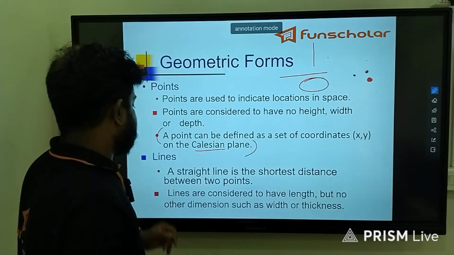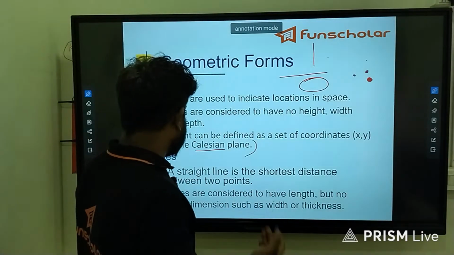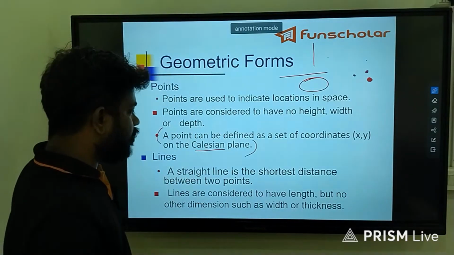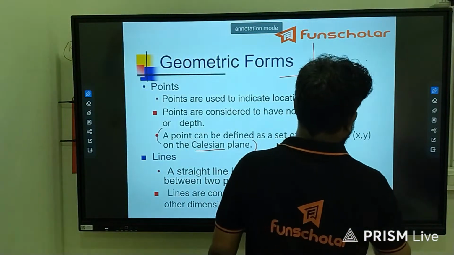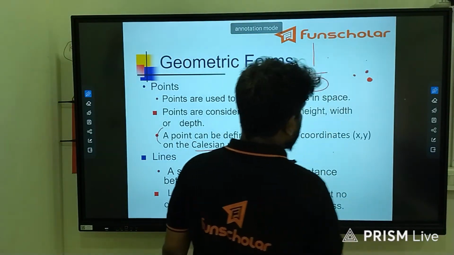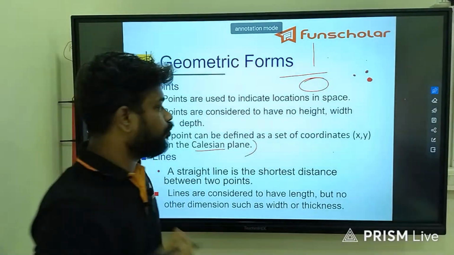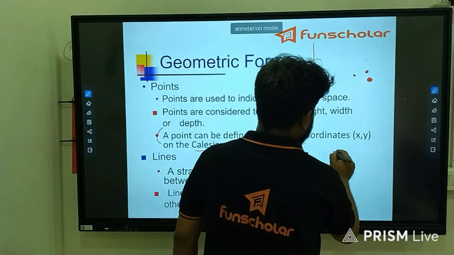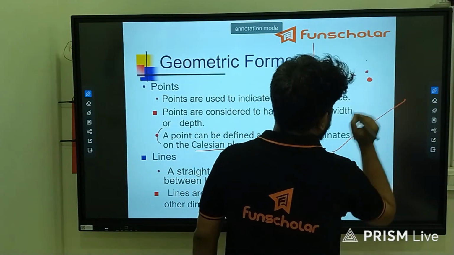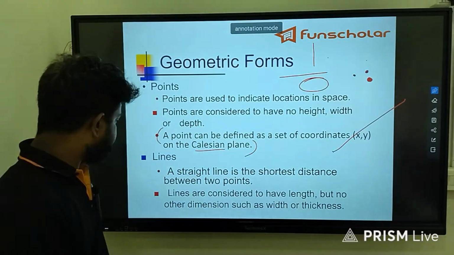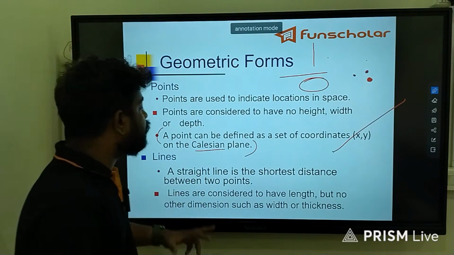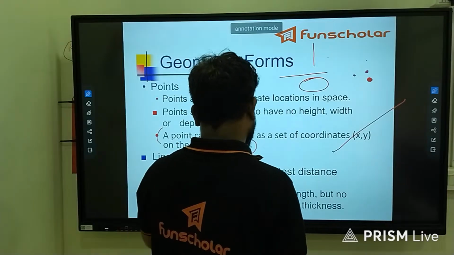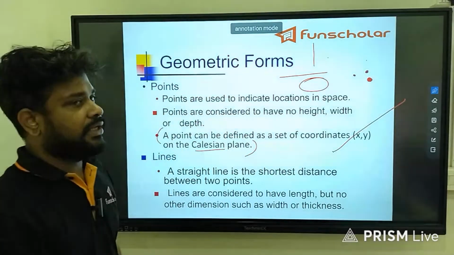Then there come lines. A straight line is the shortest distance between 2 points. Obviously, if I draw a line, we need 2 points like this one and this one. Then we can draw a line from this point to this point. Lines are considered to have length but no other dimensions such as width or thickness.